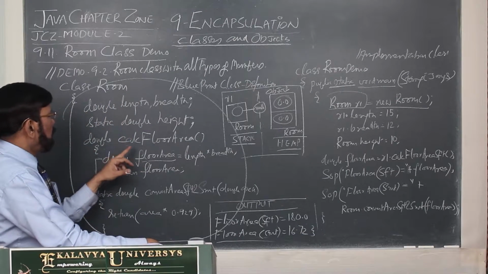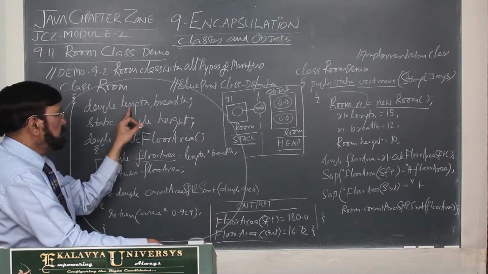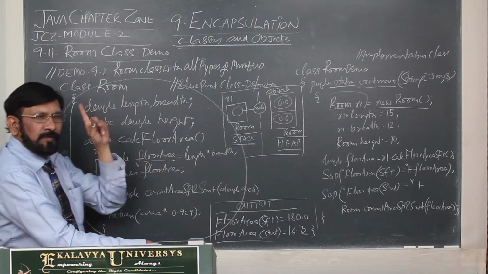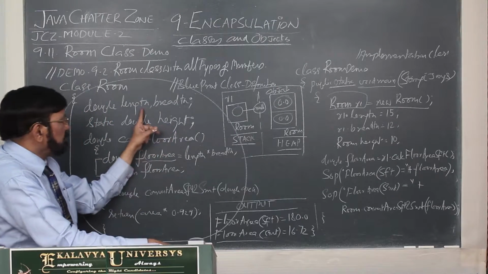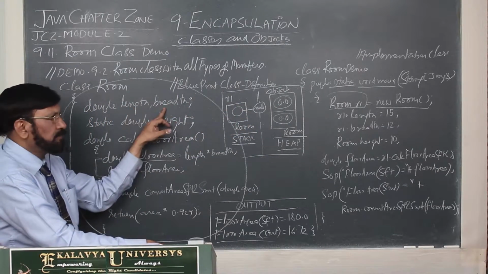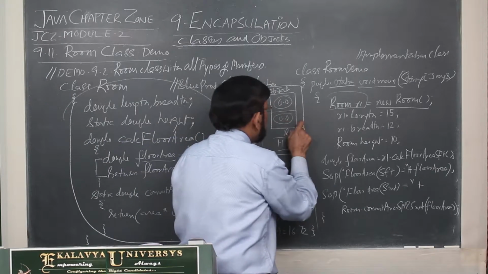Now you see, don't take into consideration the static variable. You take into consideration length and breadth, because these are instance variables. For each and every object of the room, these are unique. That's why unique spaces are required.